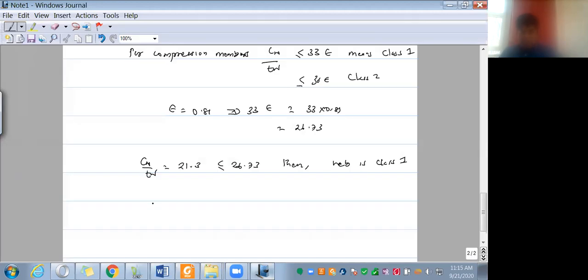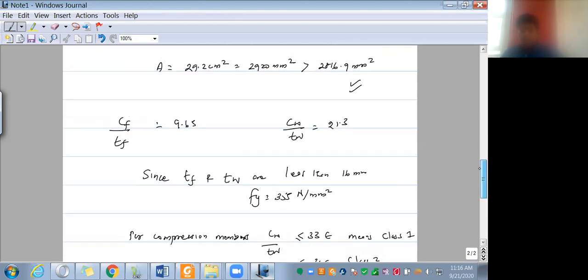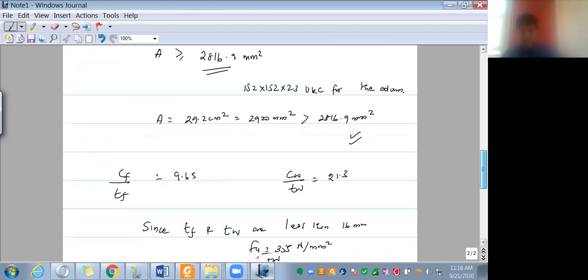So Cf over tf less than or equal to 9 epsilon for class 1. So 9 epsilon is 9 into 0.81, that is 7.29. And our Cf over tf is 9.65.